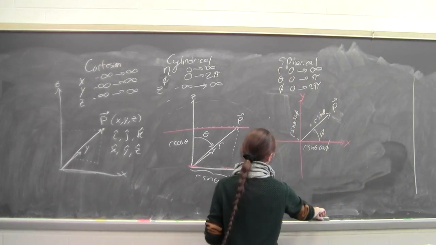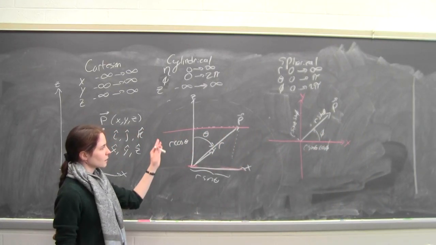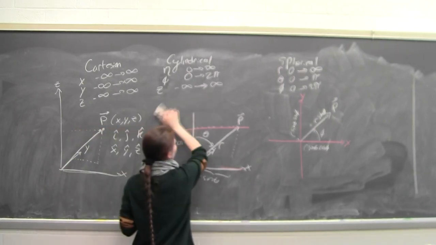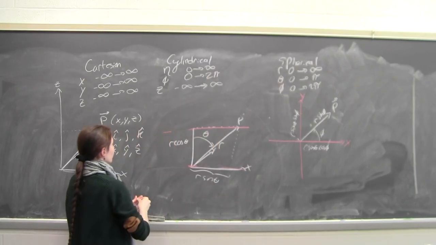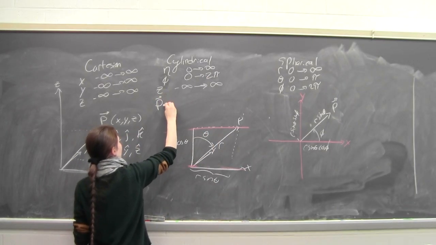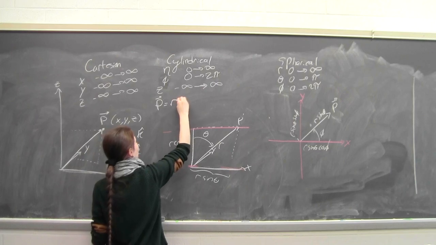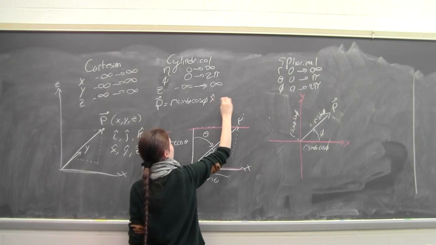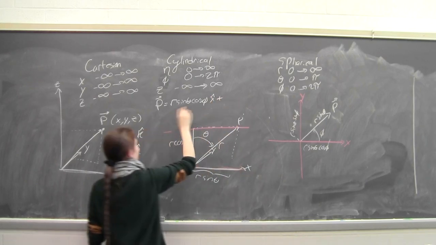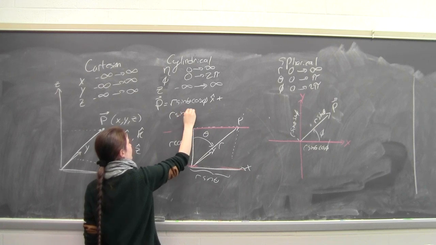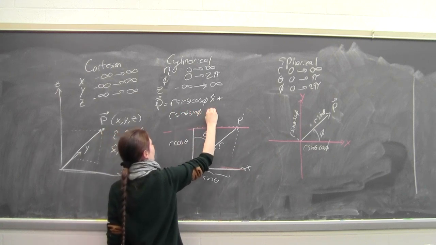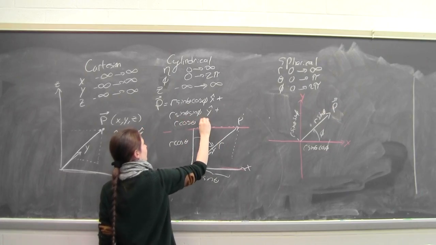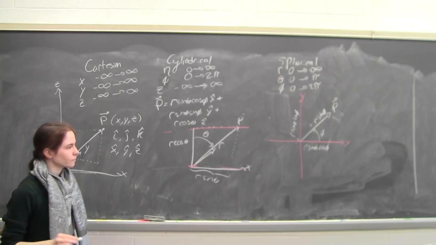And so if we want to write our vector in spherical coordinates, but in Cartesian components, we can write that as p equals r sine theta cosine phi x hat plus r sine theta sine phi y hat plus r cosine theta z hat.